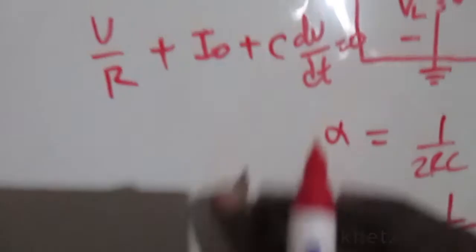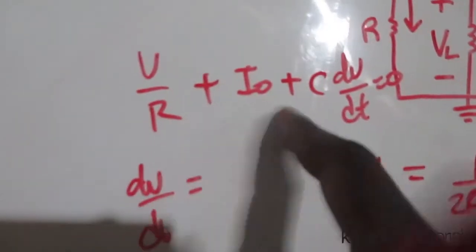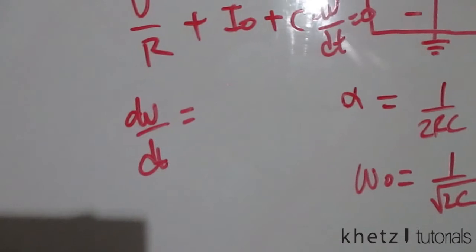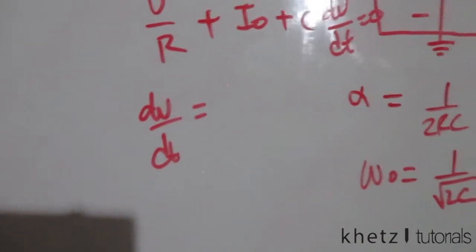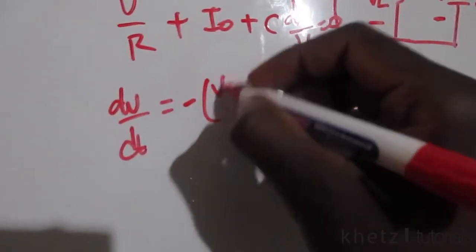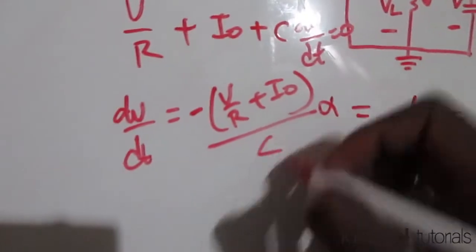Let's just rearrange all of this so it looks good. So dV over dt is equal to, taking these two to the other side of the equal sign, negative V divided by R plus I0, and divide all of that by C.